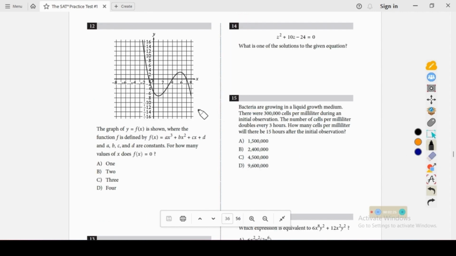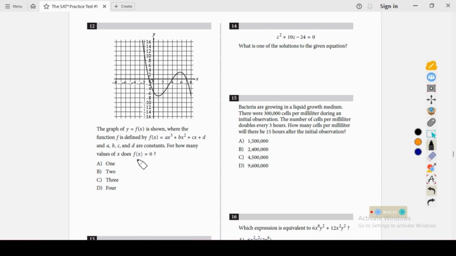In question number 12, a graph is given. The statement is, the graph of y equals f of x is shown, where the function f is defined by f of x equals 8 times x cube plus b times x square plus c times x plus d, and a, b, c and d are all constants. For how many values of x is f of x 0?